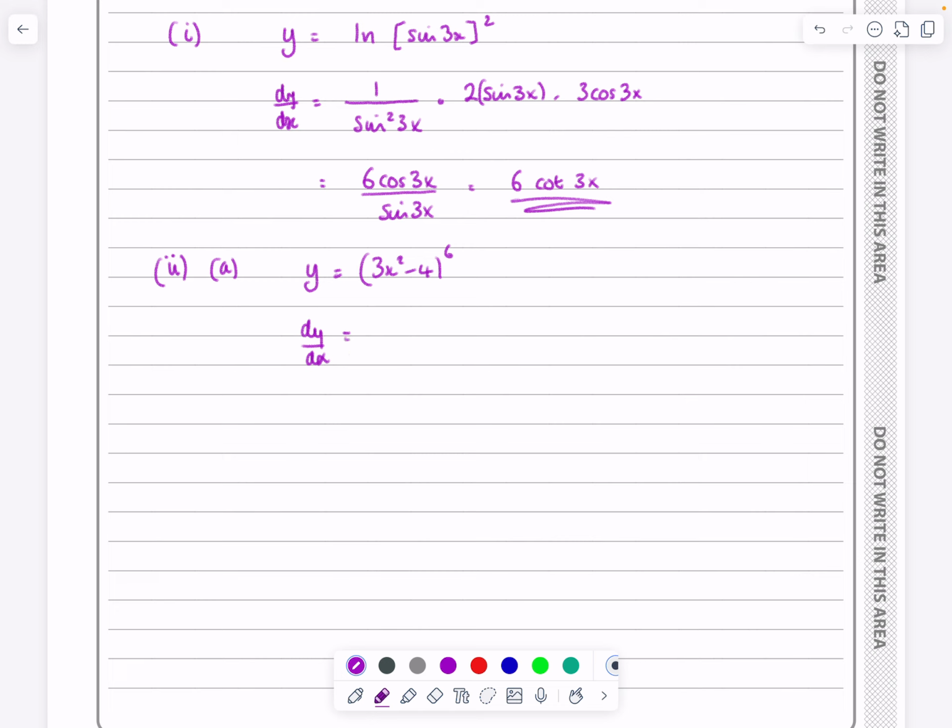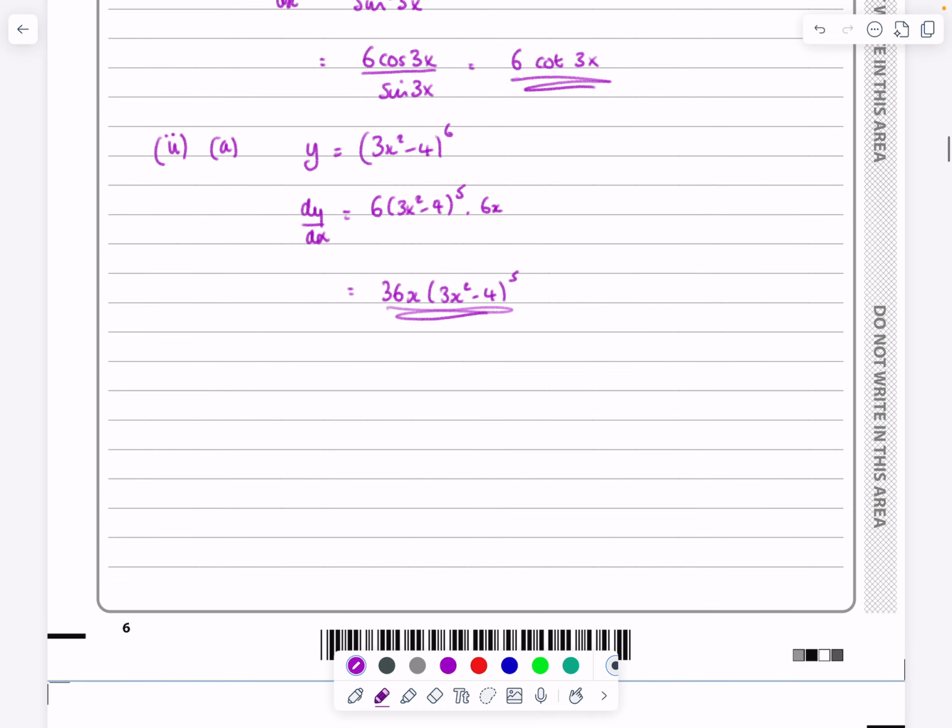So the differential is 6 lots of that something to the power of 5, take 1 off the power, but then it's always multiplied by the differential of what's in there. In this case, the differential of what's in there is 6x, which then gives me 36x(3x squared minus 4) all to the power of 5. So that's nice. That's part A done.